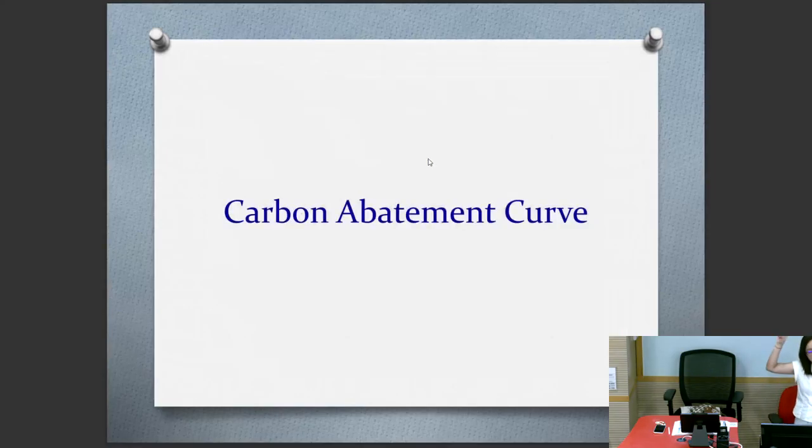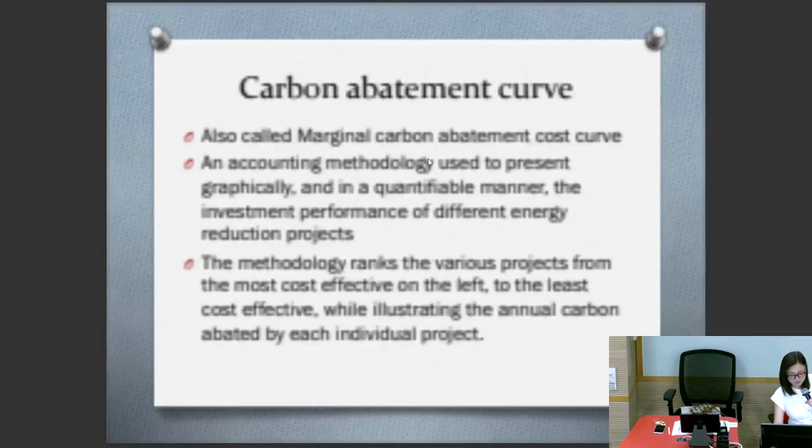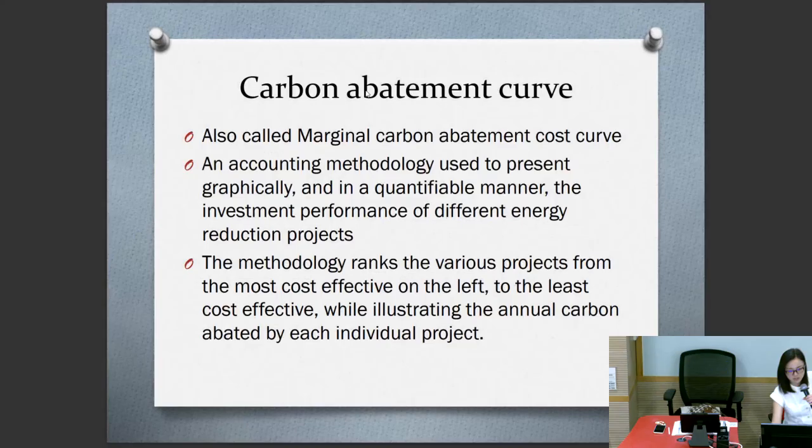The final topic is the carbon abatement curve, or we can call it the marginal carbon cost curve or carbon abatement cost curve. So, marginal carbon abatement cost curve. It is an accounting methodology used to present graphically and in a quantifiable manner the investment performance of different energy reduction projects.